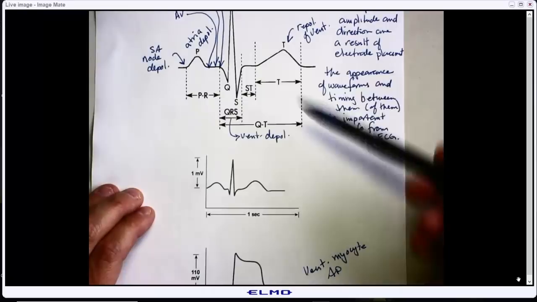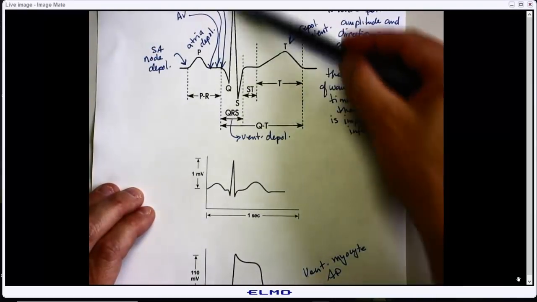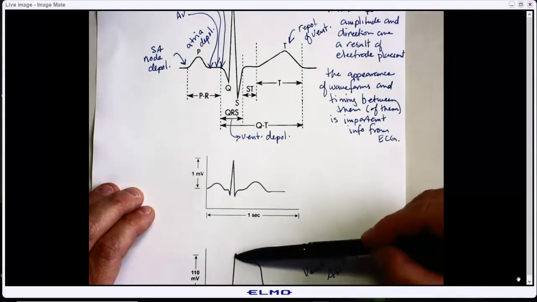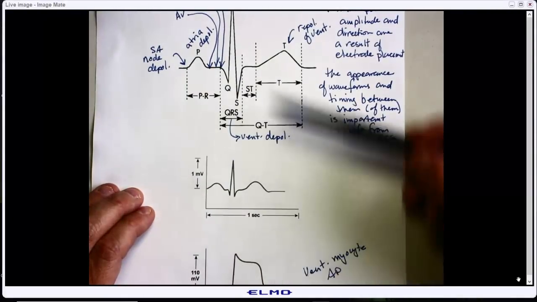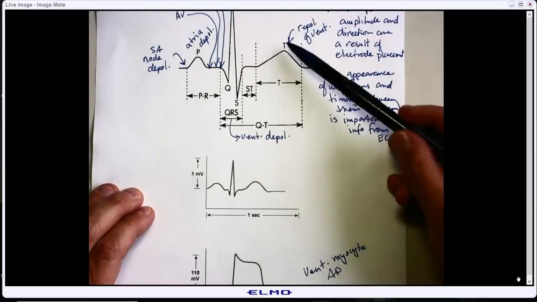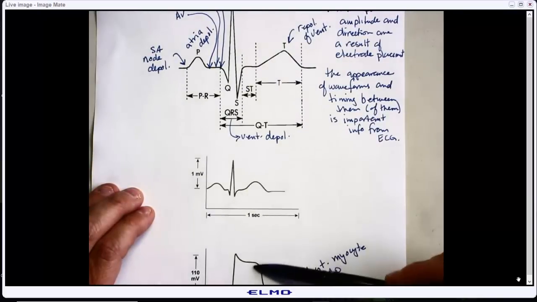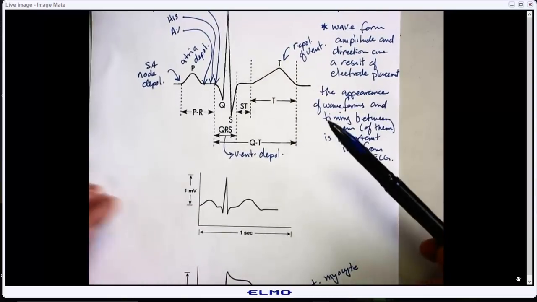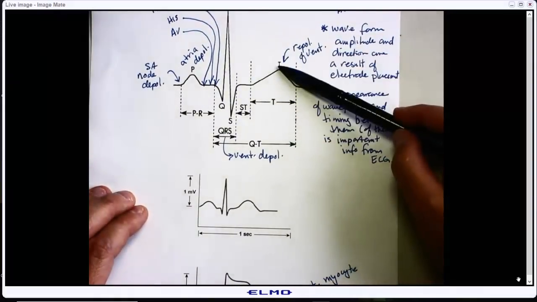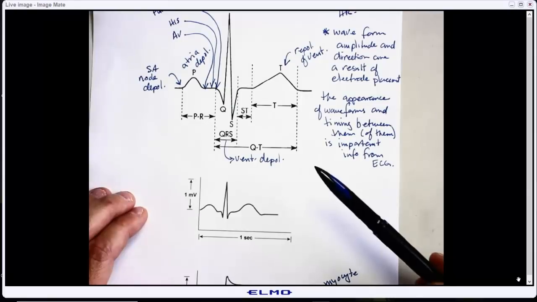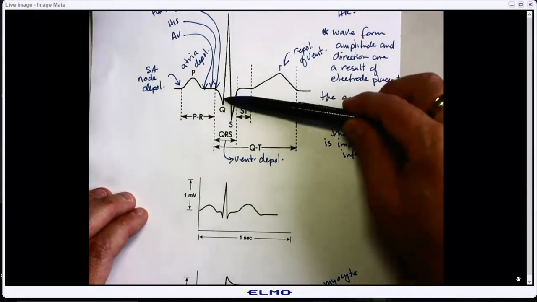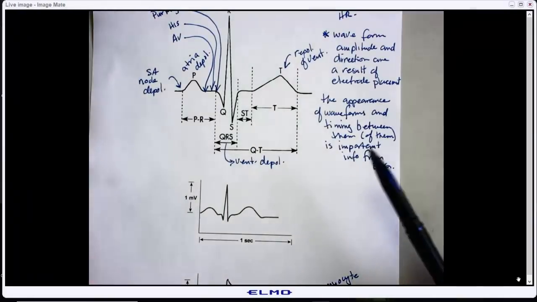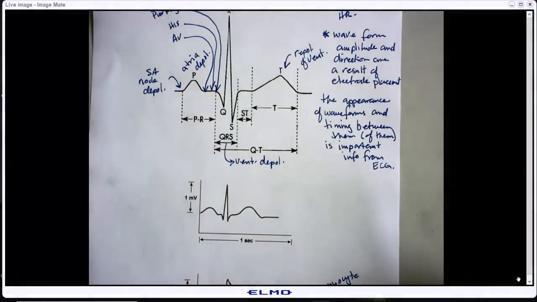Okay, so when we talked about depolarization of the ventricle, our QRS wave coincides with depolarization of the ventricle, and then the T wave coincides with repolarization of the ventricle. Again, don't be confused by the fact that both of these go up while depolarizing and repolarizing. Again, it's all due to the electrode placement and is not meaningful data.